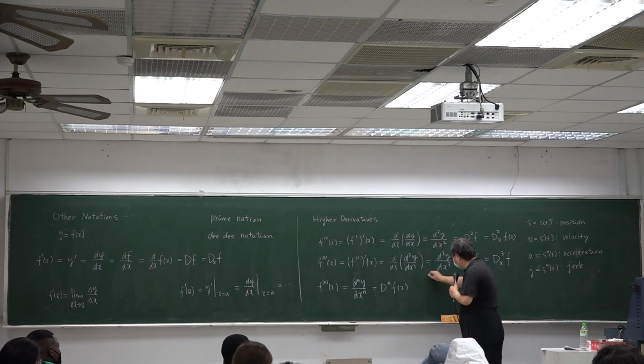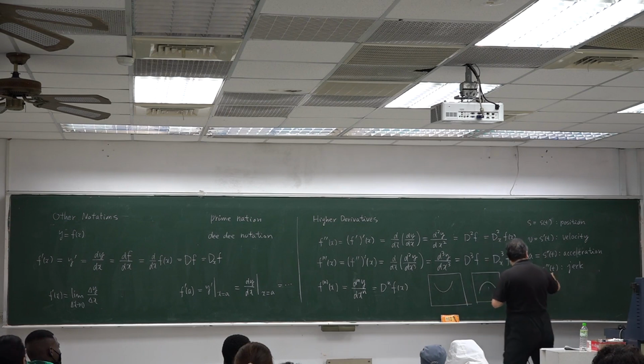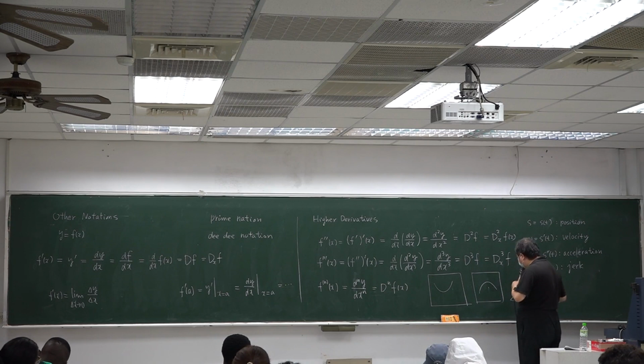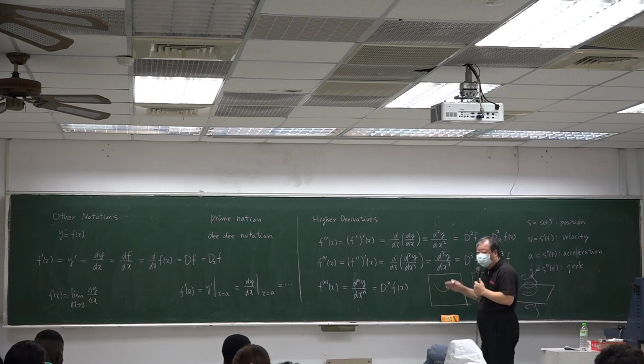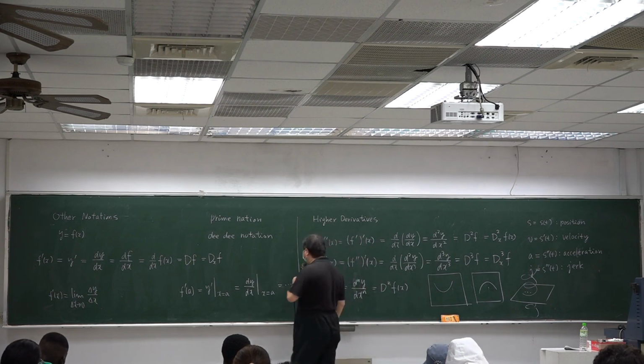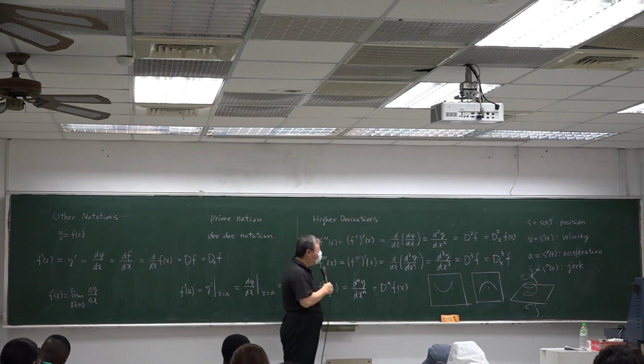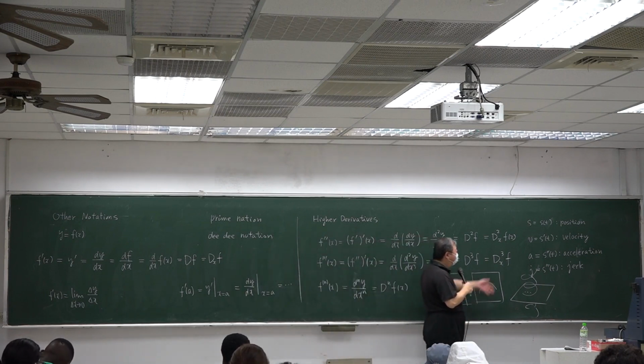Curvature means how curved. But torsion means you cannot put this curve on a plane, maybe like a spring, with three-dimensional objects. Okay, anyway, they are all important.